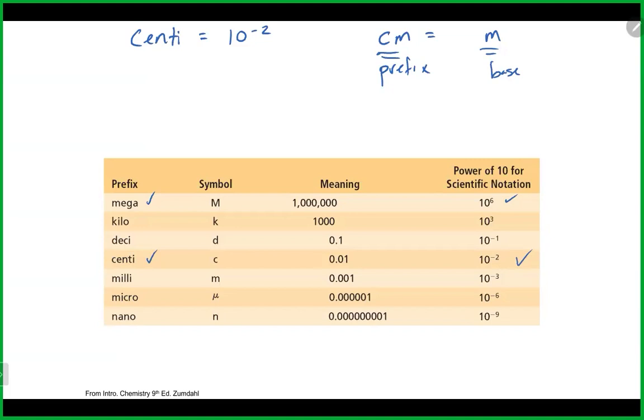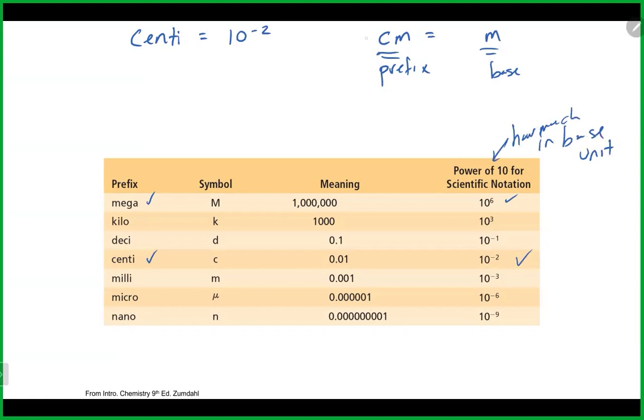One is centimeters, one is meters. So when you go to a table like this and you see centi is 10 to the minus 2, that's how much there is in the base unit to one of the prefix units.